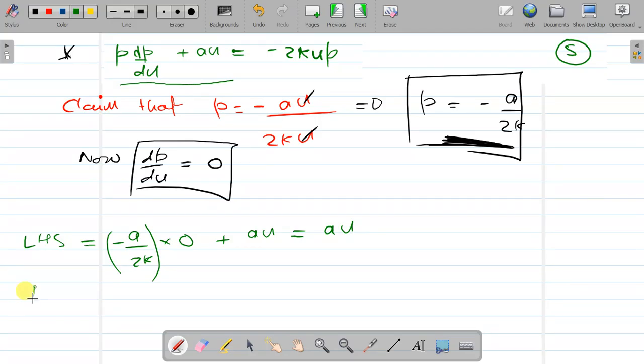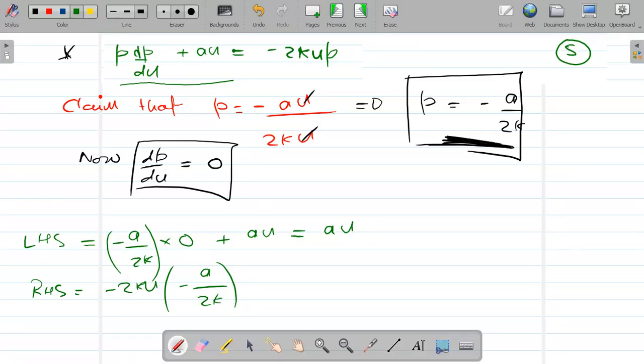Now the right hand side doesn't need anything doing to it very much, except that you've got minus 2KU times P. Well, we know what P is. P is this. So we've got minus 2KU times minus A over 2K.